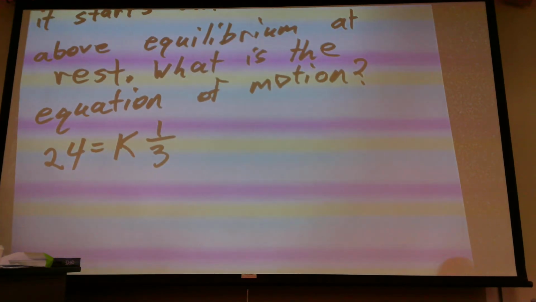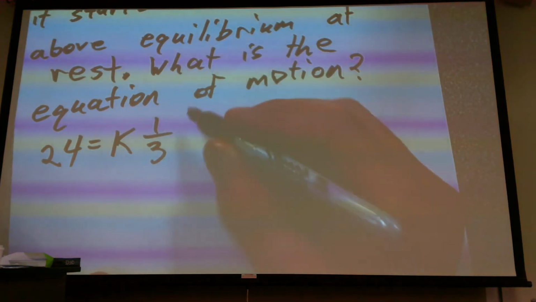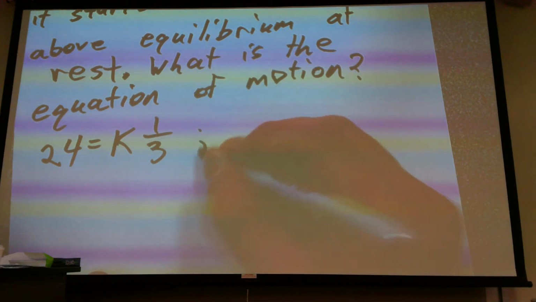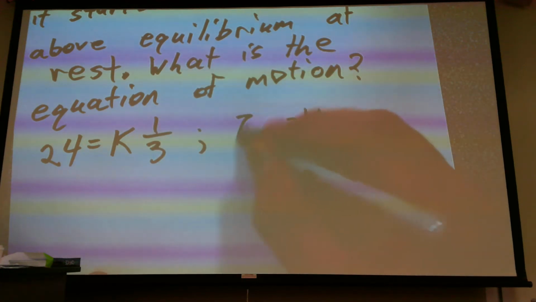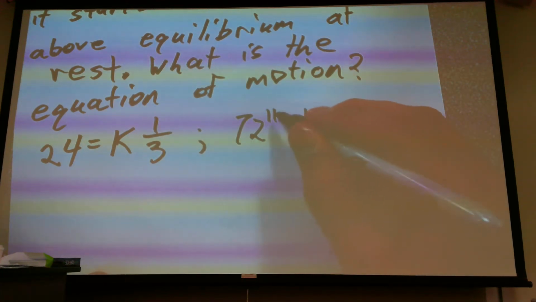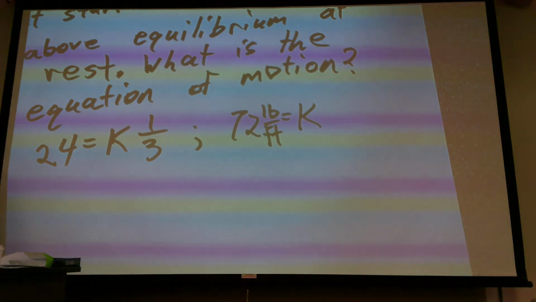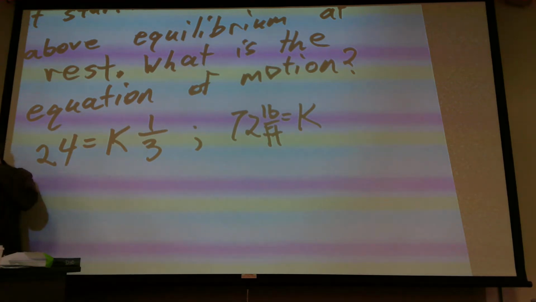So what is that telling us? That's telling us that k is going to equal 72 pounds per foot. Okay, so we have k equals 72.